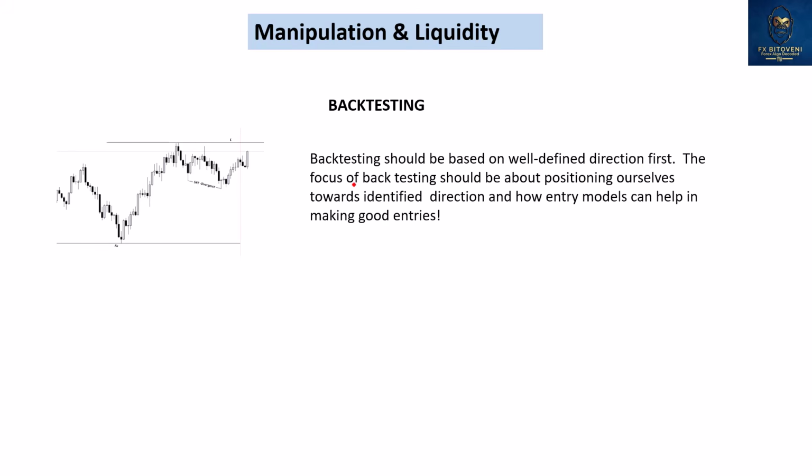The focus of backtesting should be about positioning ourselves towards the identified direction and how entry models can help in making good trade. Good entries. So if you're going to backtest, make sure first of all do analysis, identify direction, then backtest your entries, how you make entries and exit as you move towards overall liquidity target.